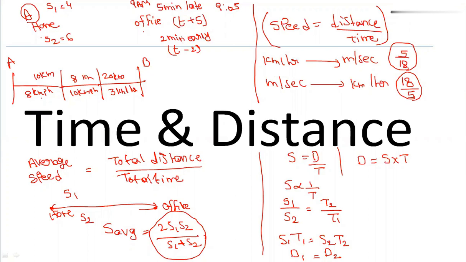Expected. When three distances are given, average speed equal to 3s1s2. Oh, no, no, no, no. We can't use it like that. I'll tell you, it will not work. Average speed means we have to use total distance by total time only. So might be you have used that with respect to time and work concept where we will be using fractions method and solving the questions.